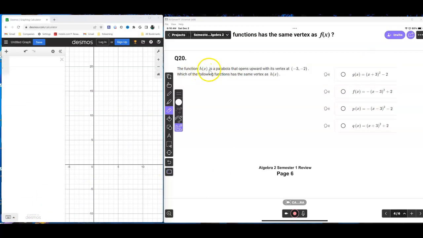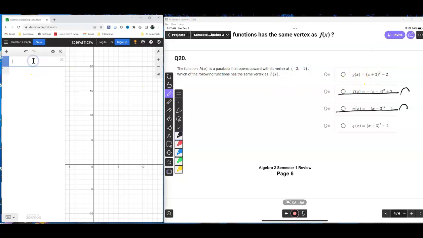The function h of x is a parabola that opens upward with a vertex of (-3, -2). Just by looking at the negatives here, these are going to open down, so automatically these are wrong. One of these two is going to be correct. Since it's -2, it has to be shifted down. This shifts it down, and this shifts it up, so the only answer has to be this first one here.